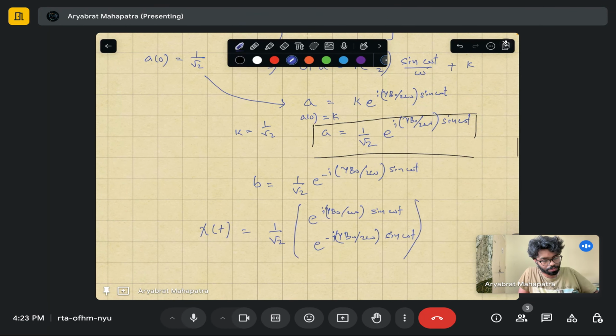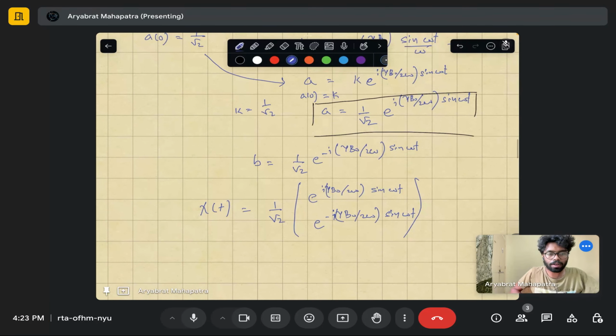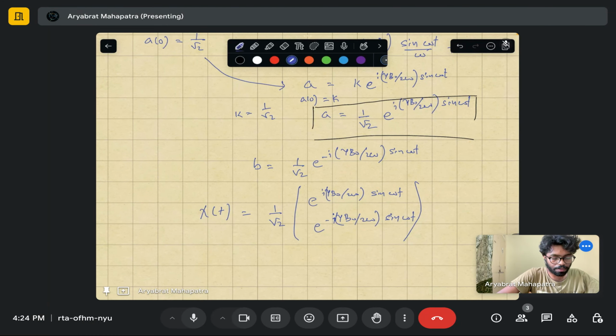So that is your chi of t after time t. Initially it was in the eigenstate of Sx, that is, the x component of spin, and that eigenstate will change into this state after time t.